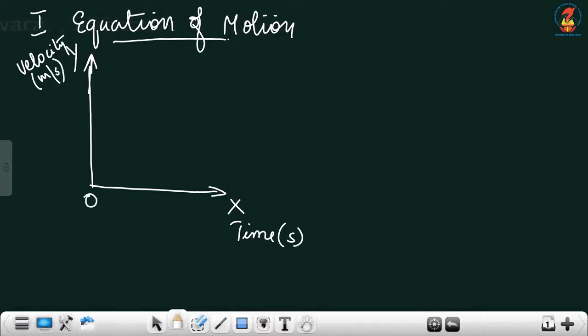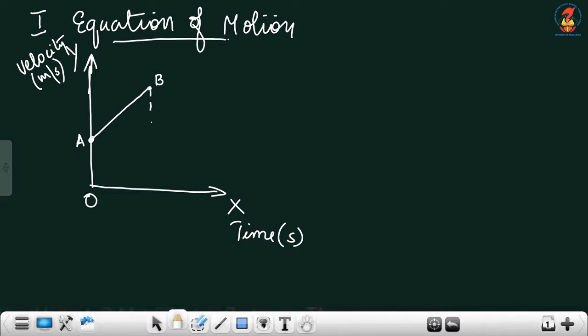This is the origin. Here the graph is not starting from the origin, it starts from this point A. So mark it as A. You can name this point as B.